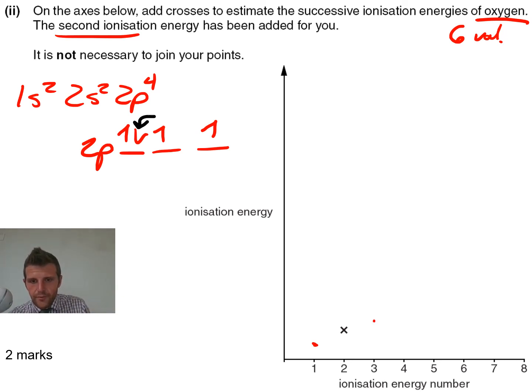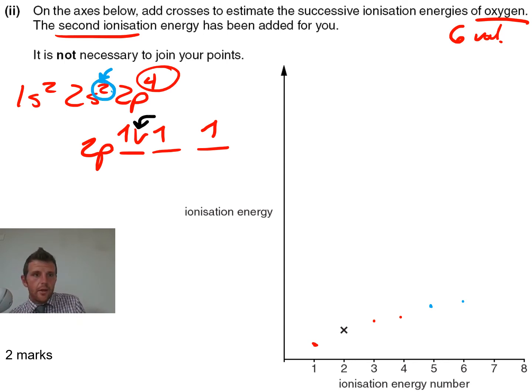Numbers 3 and 4 should be relatively the same, just a slight increase because your ionization energy should always increase, which would then indicate all 4 of my p electrons. I'm going to switch colors to make life easier. Now I'm going to start to remove the 2s, so I'm going to make sure it's just a little bit larger. And then 6 is going to be there, which would take care of both of my 2s.